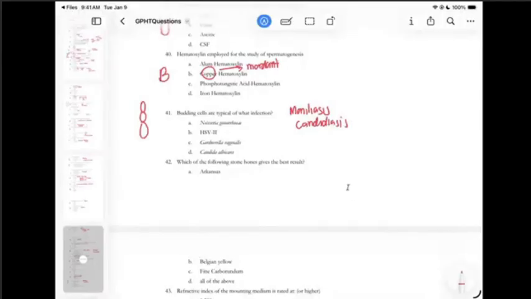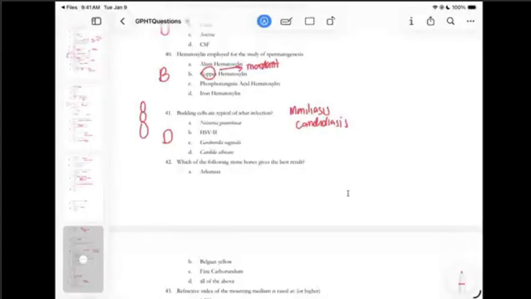And this is caused by or associated with Candida albicans. 41, letter D. Candida is also the one that is germ tube positive. We usually see this in the pap smear as budding cells.